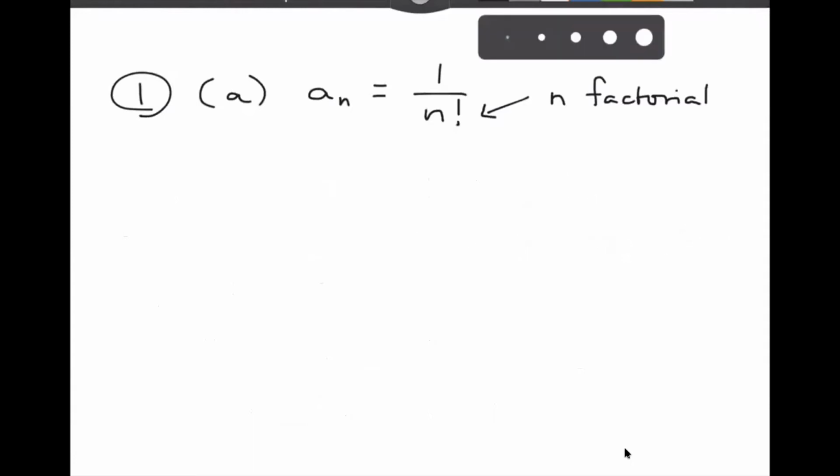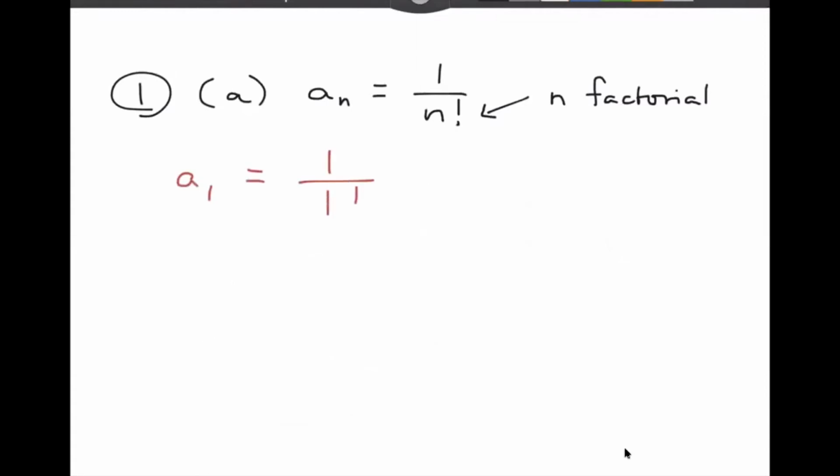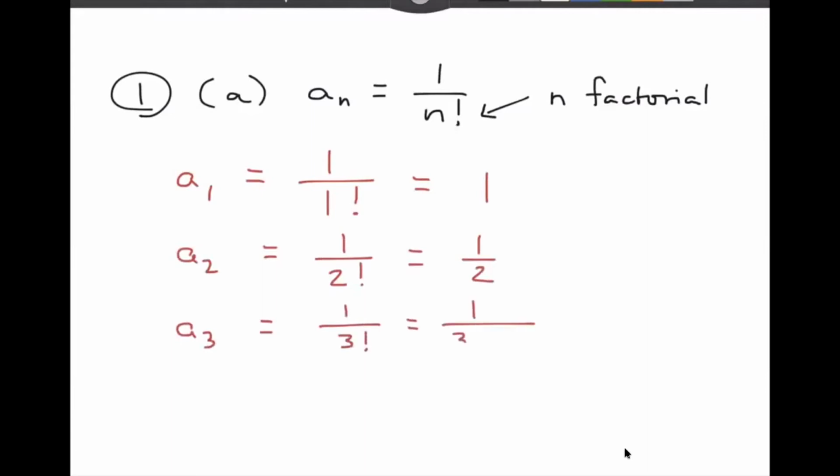So a sub 1 would be 1 over 1 factorial, which is just 1. A sub 2 would be 1 over 2 factorial, which is 1/2. A sub 3 would be 1 over 3 factorial, which is 1 over 3 times 2 times 1, so that would be 1/6.